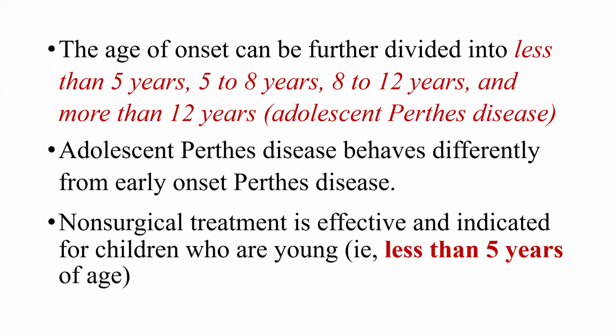So you have to know these points. And if the child is more than 12 years, you'll have adolescent Perthes disease. Adolescent Perthes disease behaves differently from the early onset of Perthes disease. Non-surgical treatment is effective and indicated for children who are young. I repeat, non-surgical treatment.